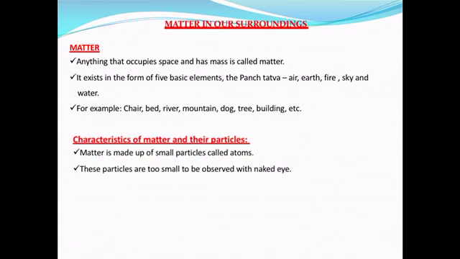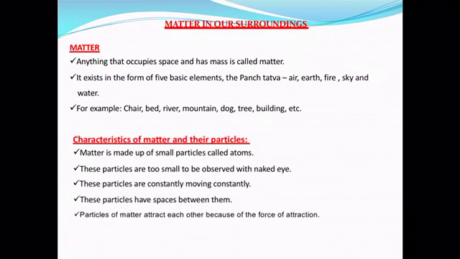Number 2: because matter is made from very small particles, we cannot see them with naked eyes, and these particles have a few characteristics. Number 1, the particles are continuously moving and the movement possesses a type of energy known as kinetic energy. The next one is that these particles have space between them.